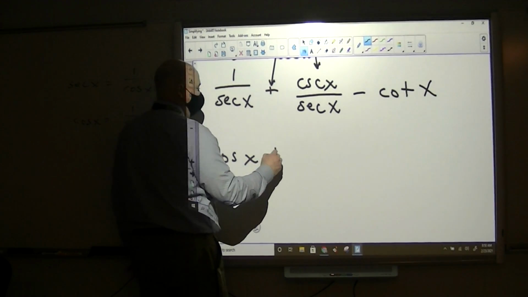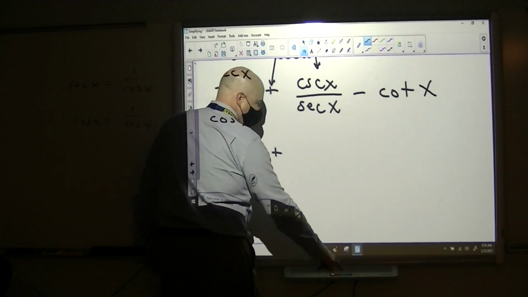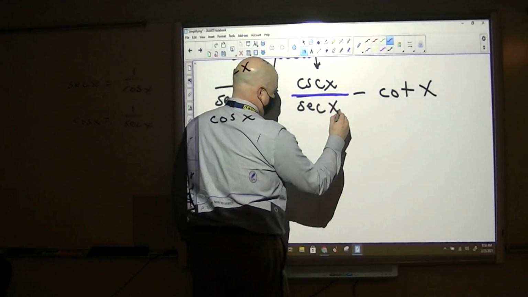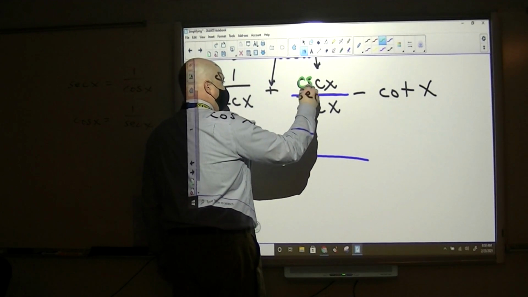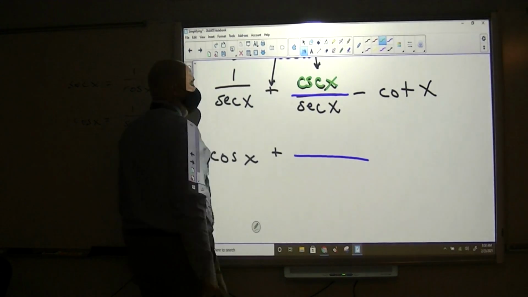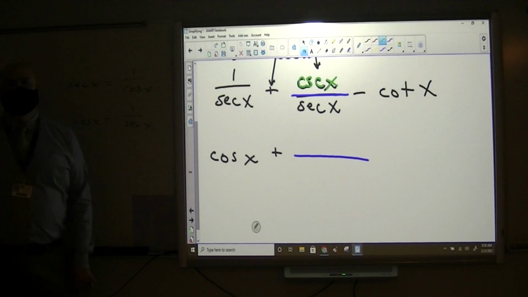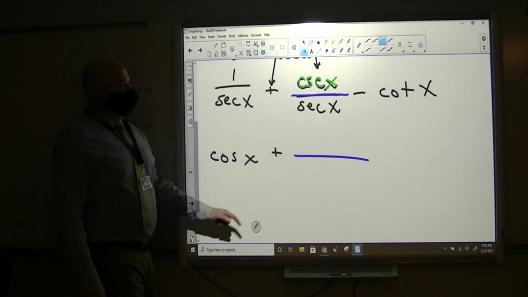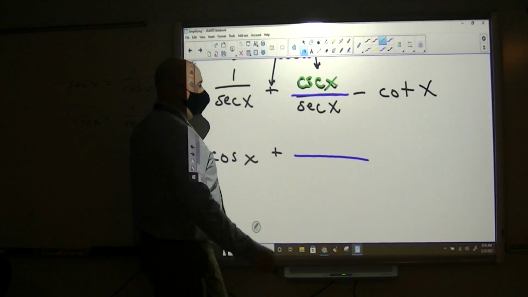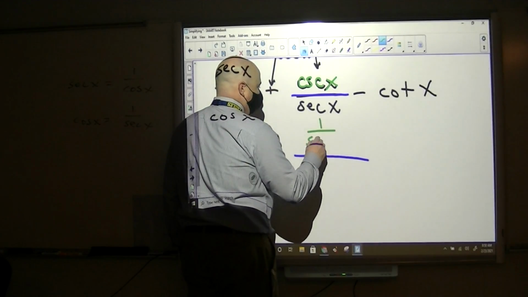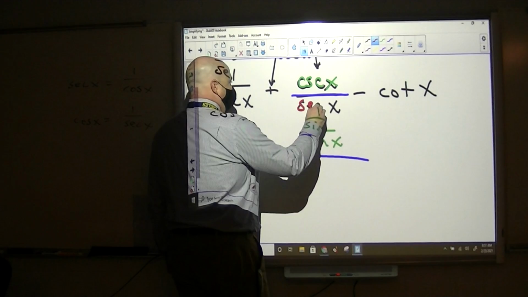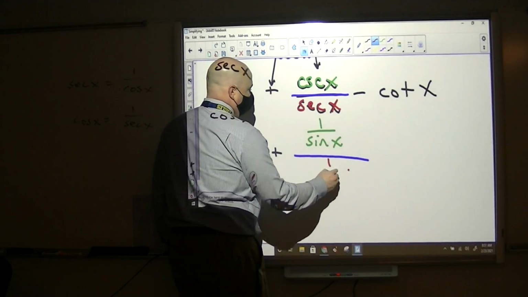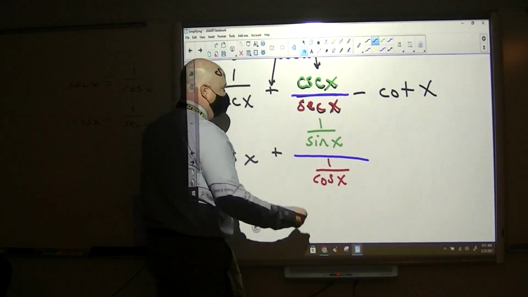Now here, this cosecant, let's do this color coding. Color coding is important sometimes. If you're colorblind, I'm sorry. This might not help you, but what's cosecant? Cosecant is 1 over sine x, and secant x is 1 over cosine x.